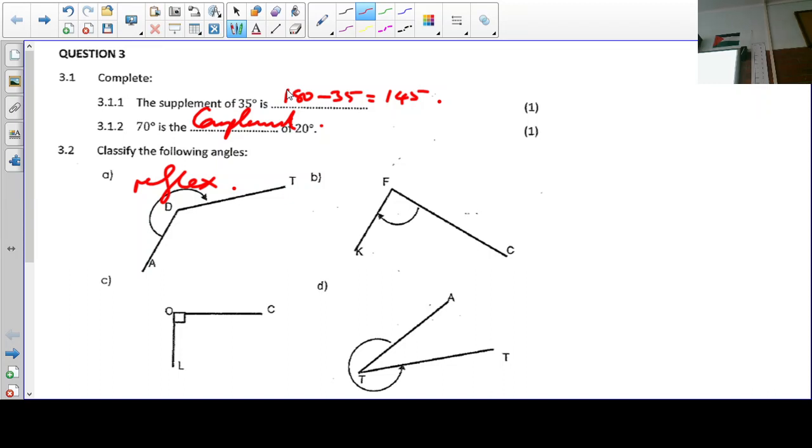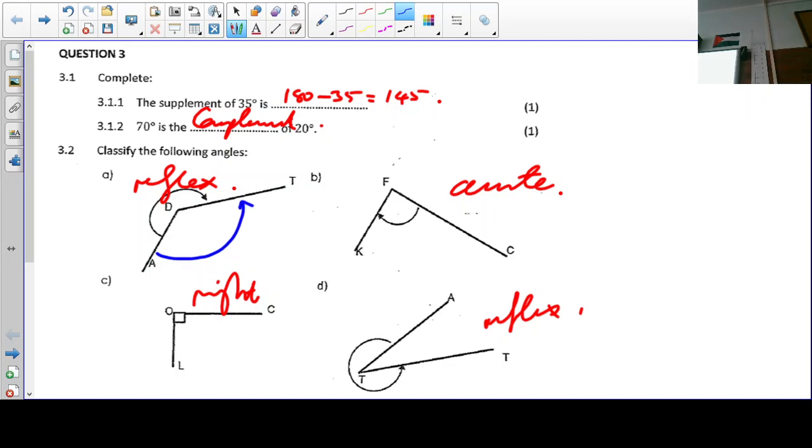People, next one. What is this here? Acute. Right, next. Right angle. Last one. Also reflex. I think he wanted you to have answered this question here. Not so. That would have been obtuse. Who can tell her what's a revolution?